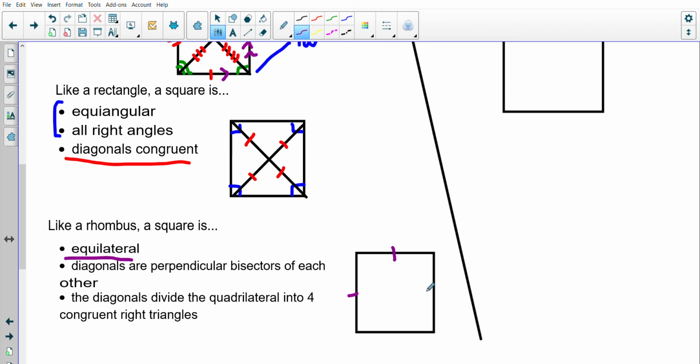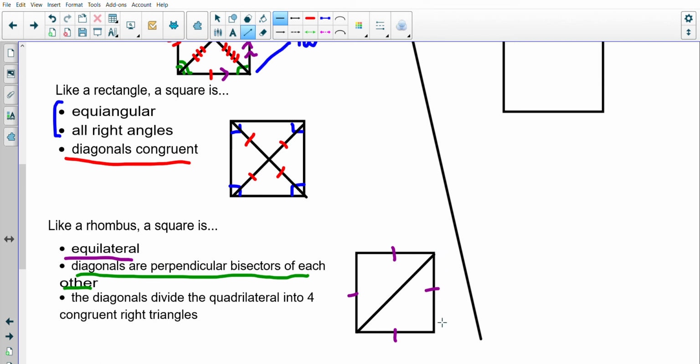And like a rhombus, a square is equilateral. So all the side lengths are the same. The diagonals are perpendicular bisectors of each other. So if I draw the diagonals here, these are perpendicular bisectors of each other.